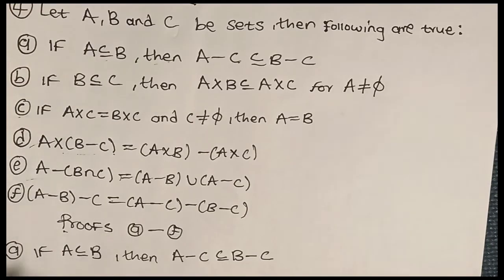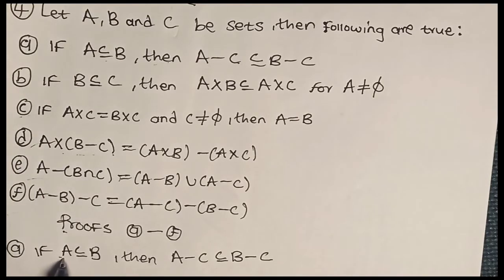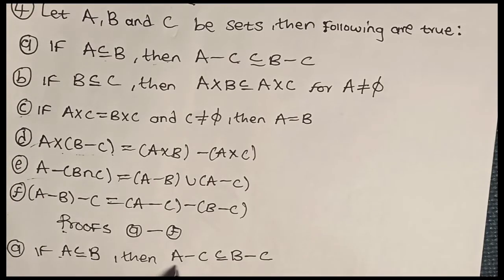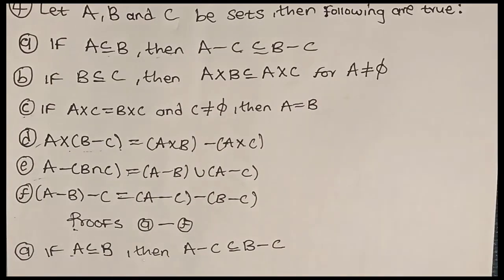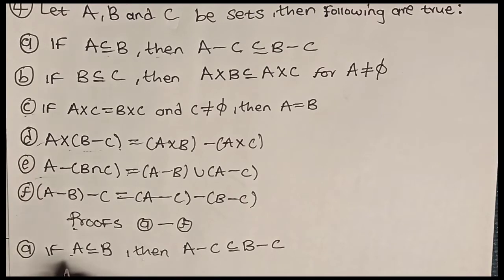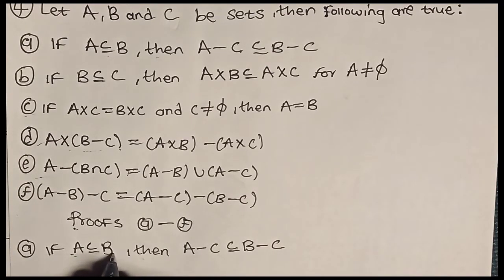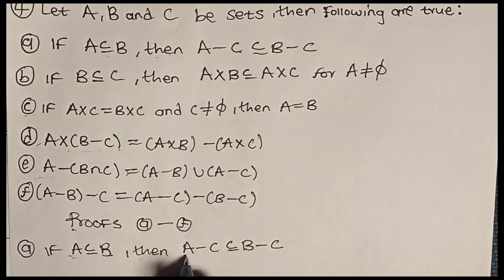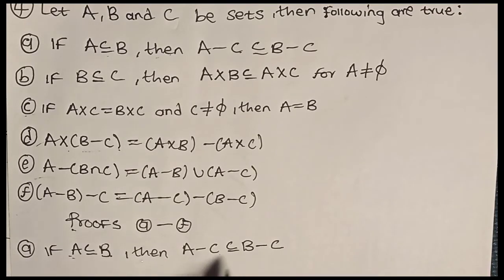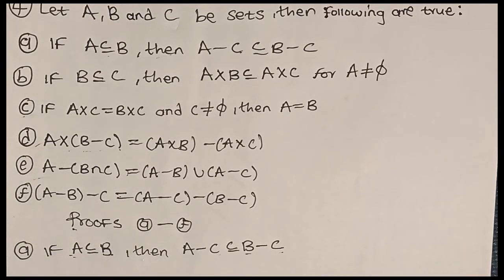So, the first one, we're given our proposition that A is a subset of B. We have to conclude that A minus C is a subset of B minus C. So, suppose A is a subset of B, and let X be an element of A minus C. We want to show that X is also in B minus C in order to show that A minus C is a subset of B minus C if A is a subset of B.